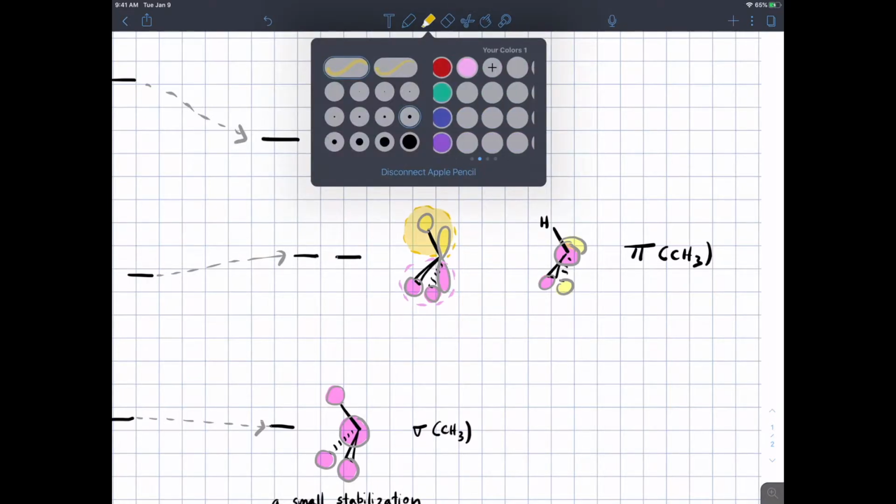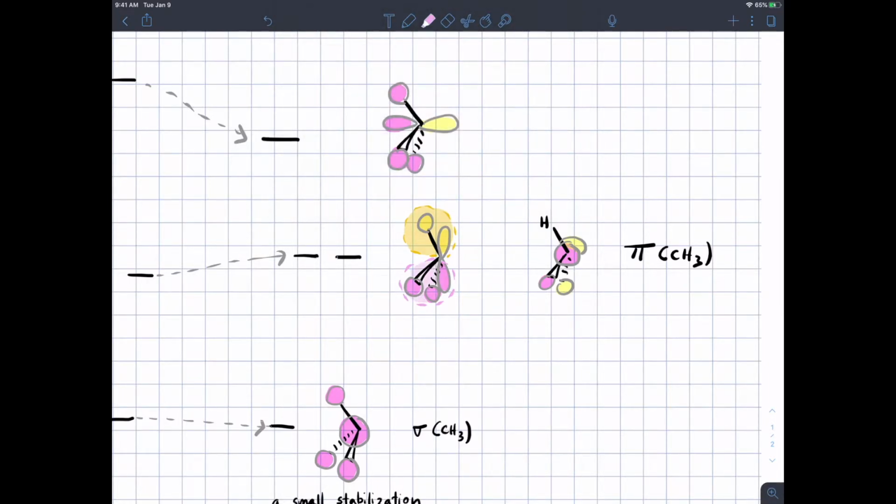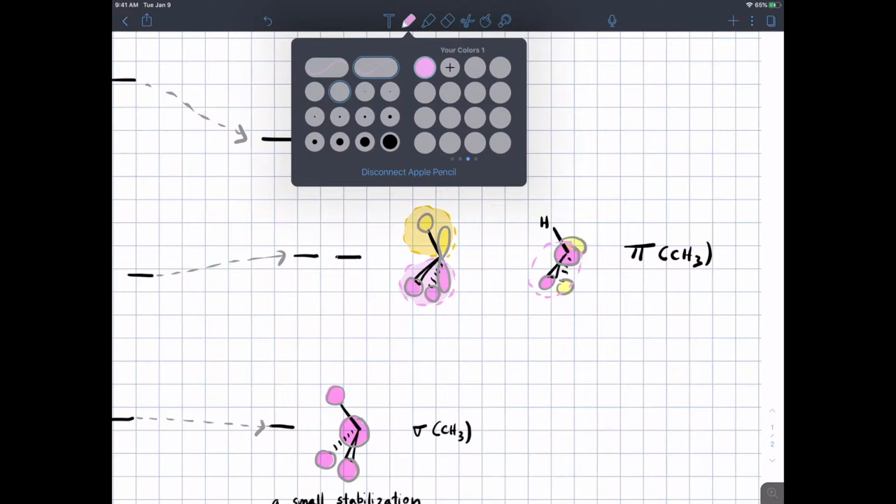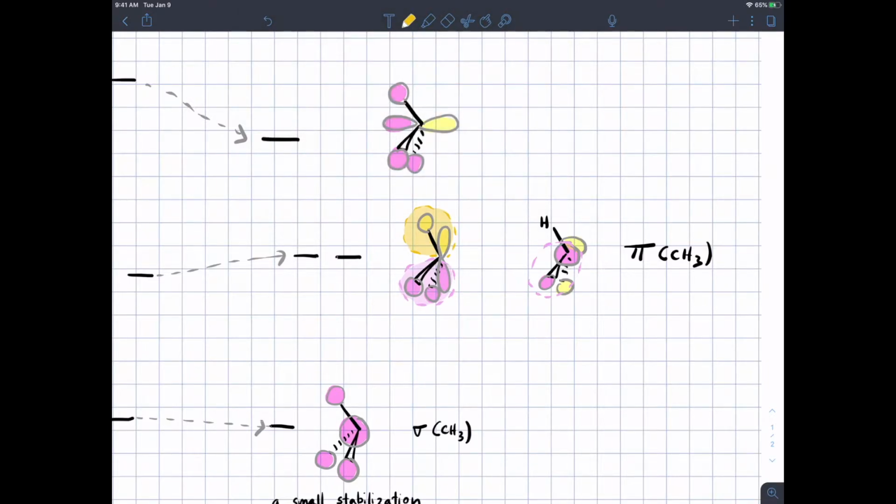If you squint a little and forget that there's actually a CH3 group under there, you'd have thought, oh, that's a 2p orbital. It can participate in pi type bonding. And then of course the one over here would look basically the same, only tilted on its side.